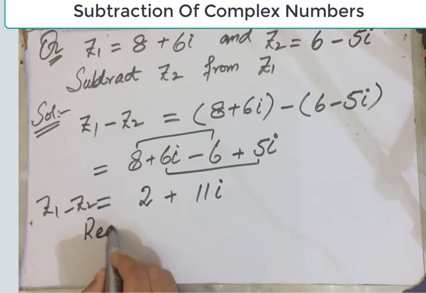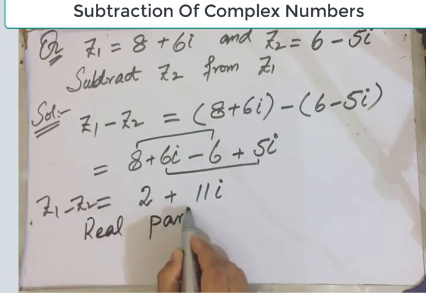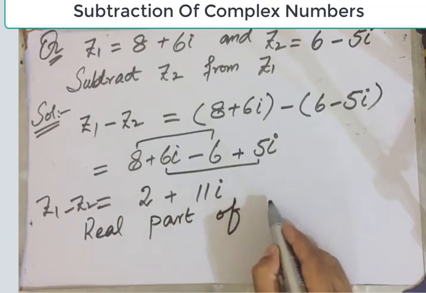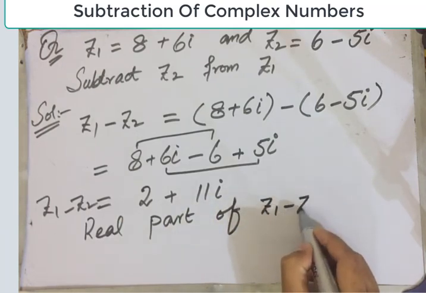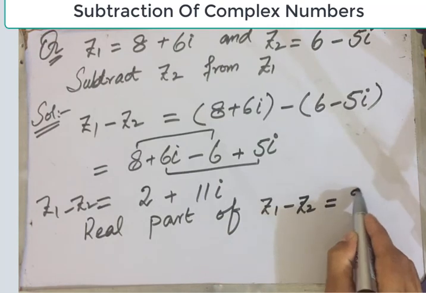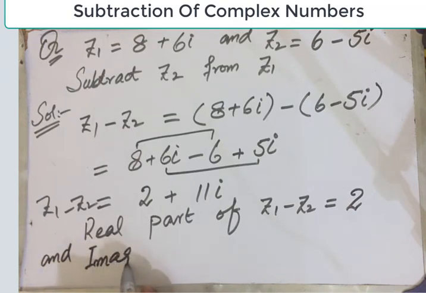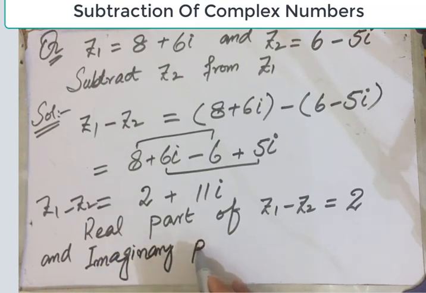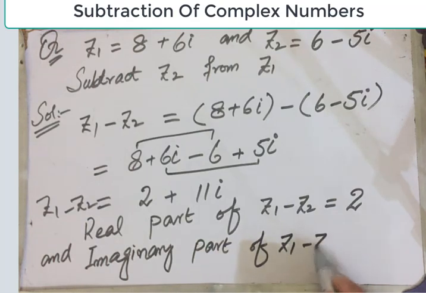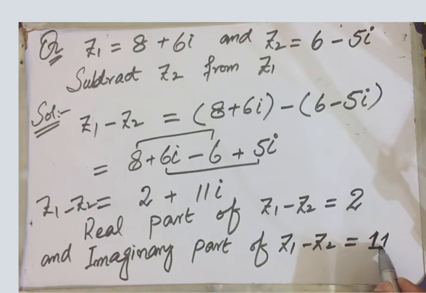The real part of Z1 minus Z2 is equal to 2, and the imaginary part of Z1 minus Z2 is equal to 11. This is the answer. A very simple technique.